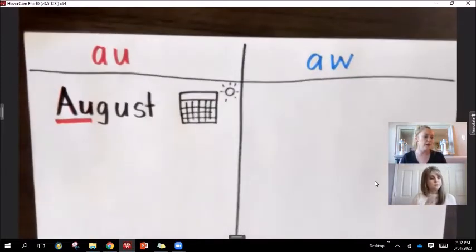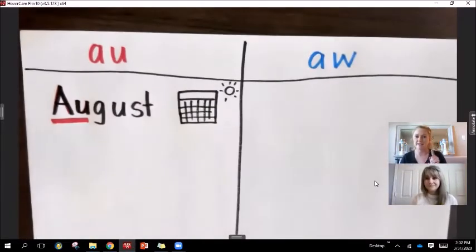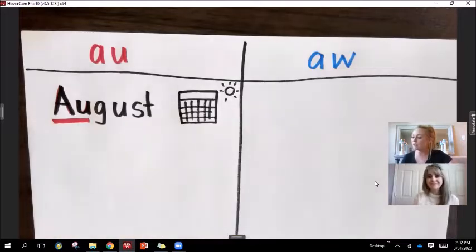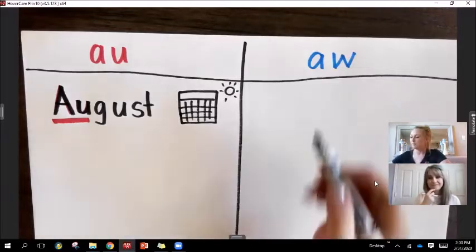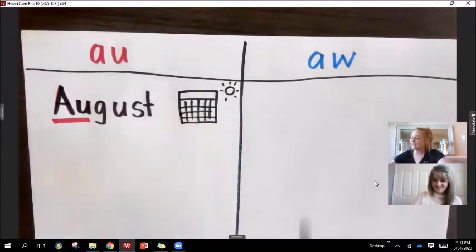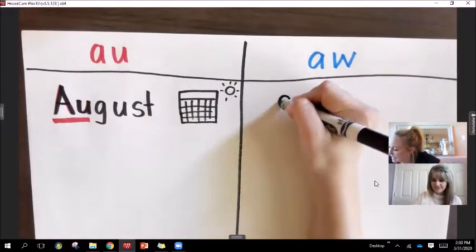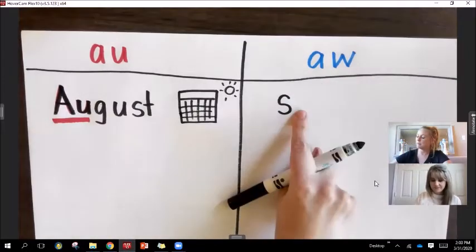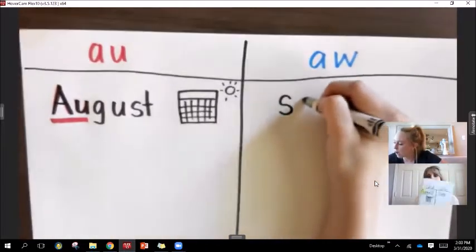All right, let's come up with an A-W word. I know a sight word that has A-W in it. And all you have to do is add an S to the beginning. You know what word I'm thinking of? What is my word? Saw. Saw, you guessed it, saw. So I'm going to add an S, and then I'm going to write A-W, aw.